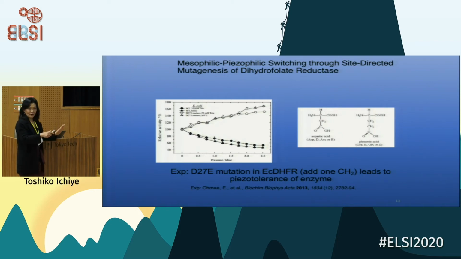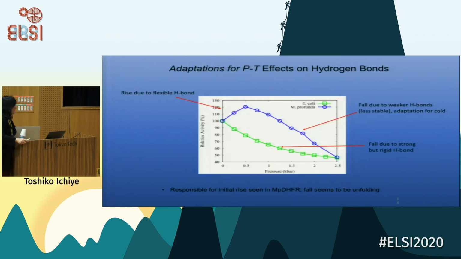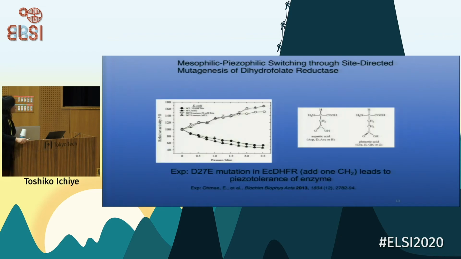And this is not near the active site. So that's why we think it might be this coupling, the fact that it's more flexible. Yeah, maybe. And I guess the other thing is that most DHFRs have the aspartic acid.